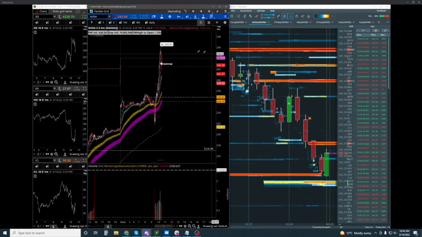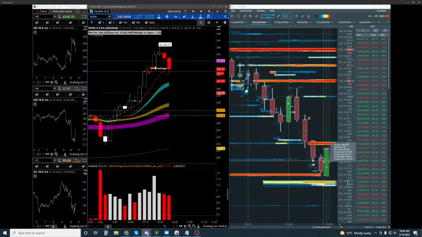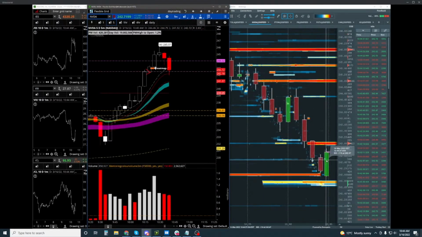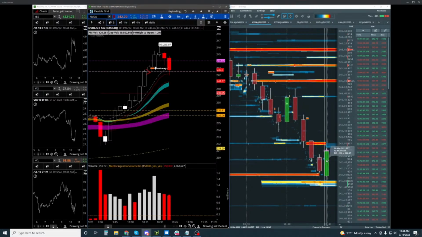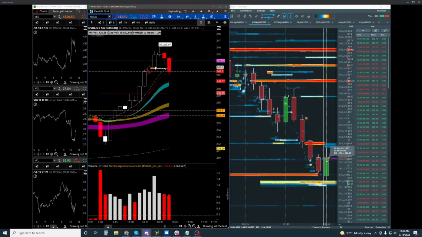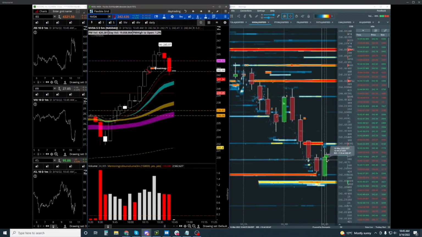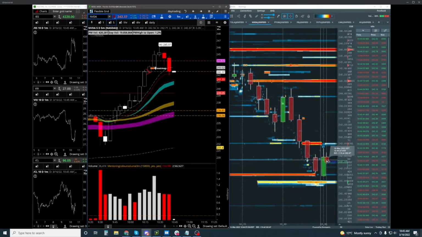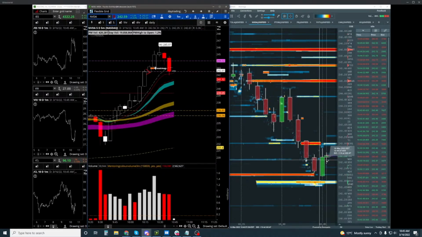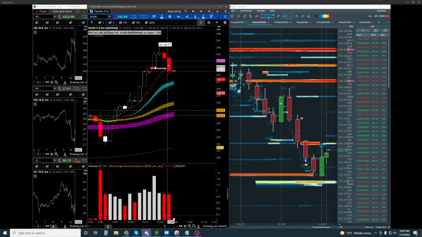Okay, so dip on NVIDIA. $242 and bouncing. Well, let's see this dip over here in NVIDIA.